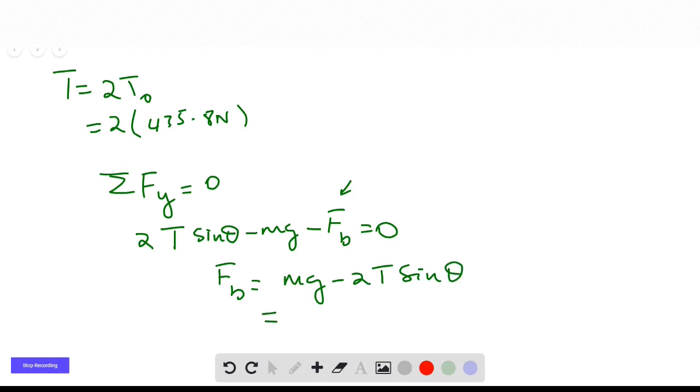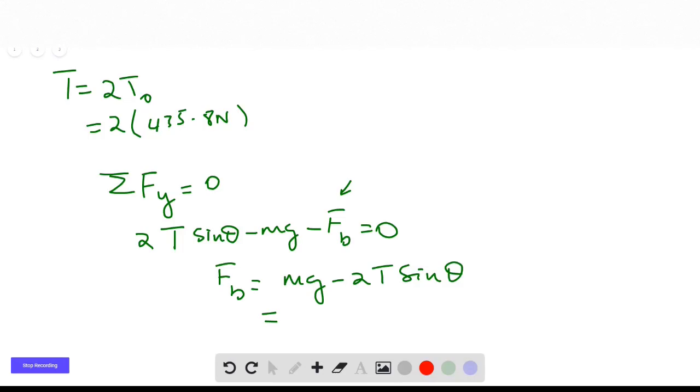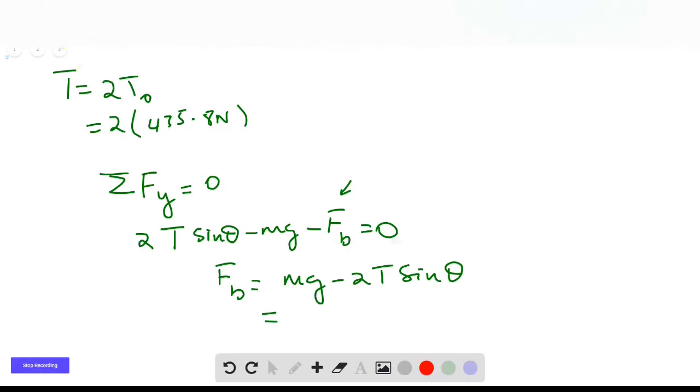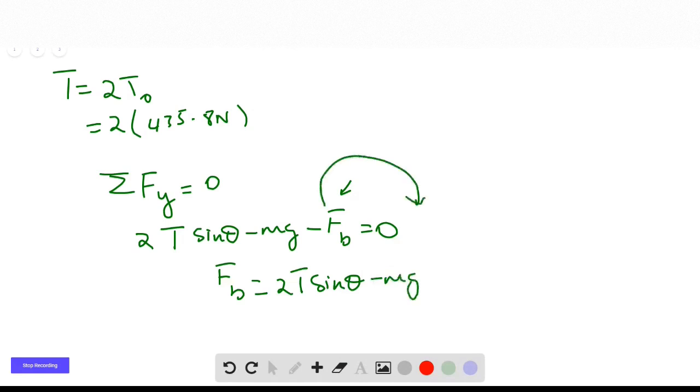We already know what T is. So FB, well, actually we have to reverse the whole thing. So FB is actually 2T sine theta minus mg. All we're doing is moving this FB to the right and it becomes positive, as you can see.